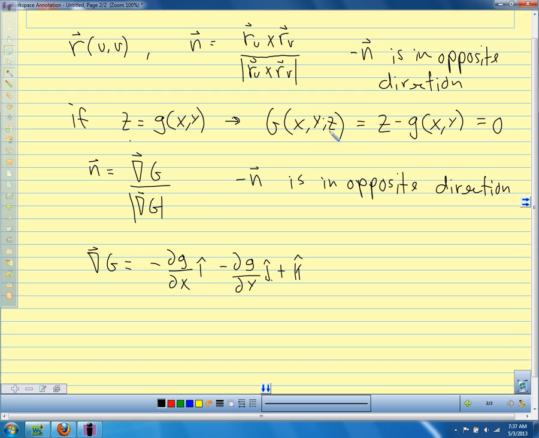Because I wrote the equation of the surface as z minus g of x, y, when I take the partial derivatives, these two components will be negative.